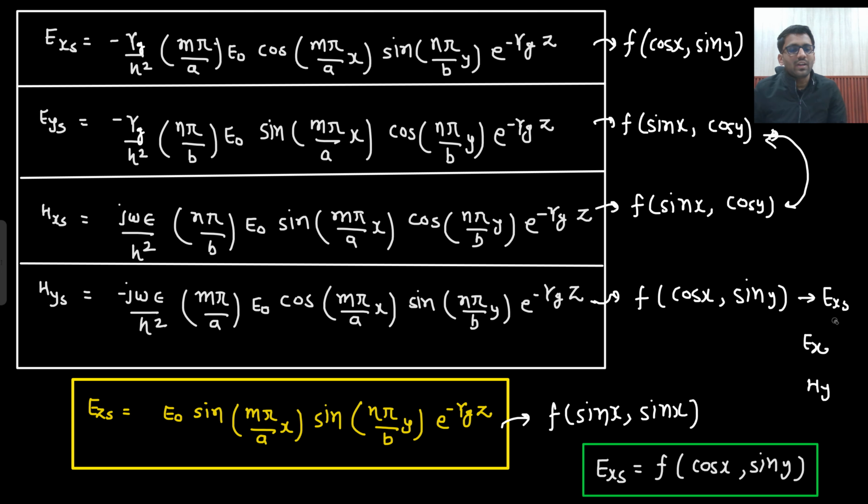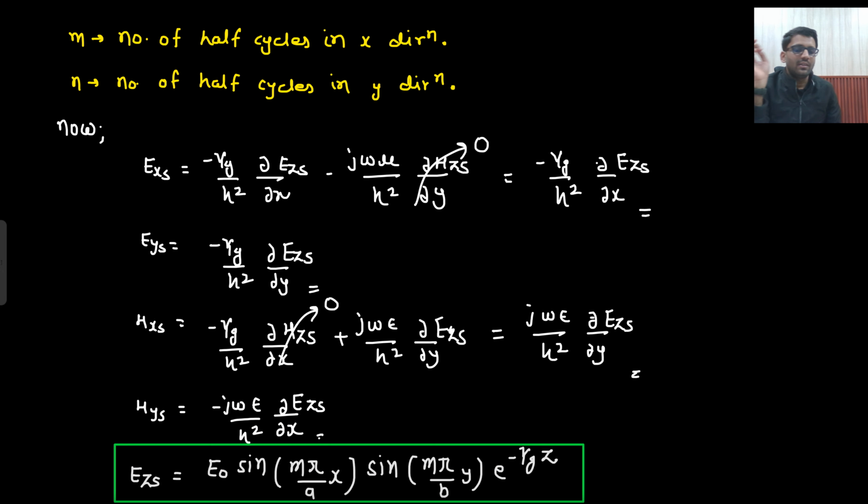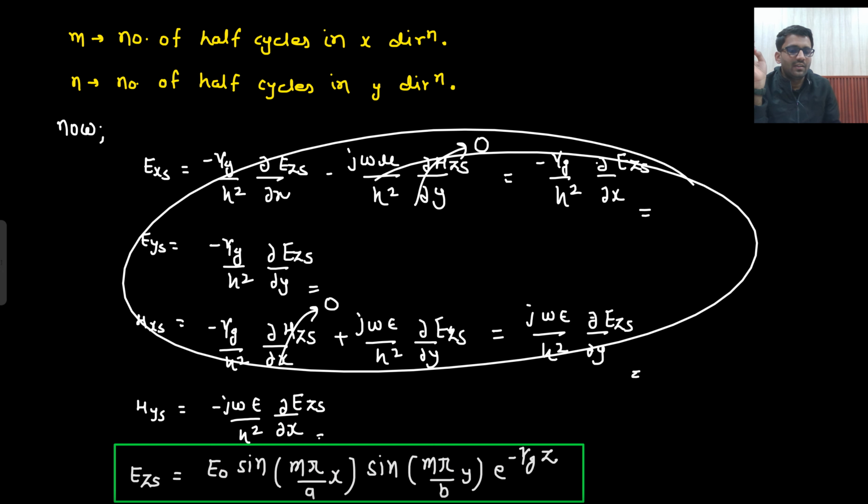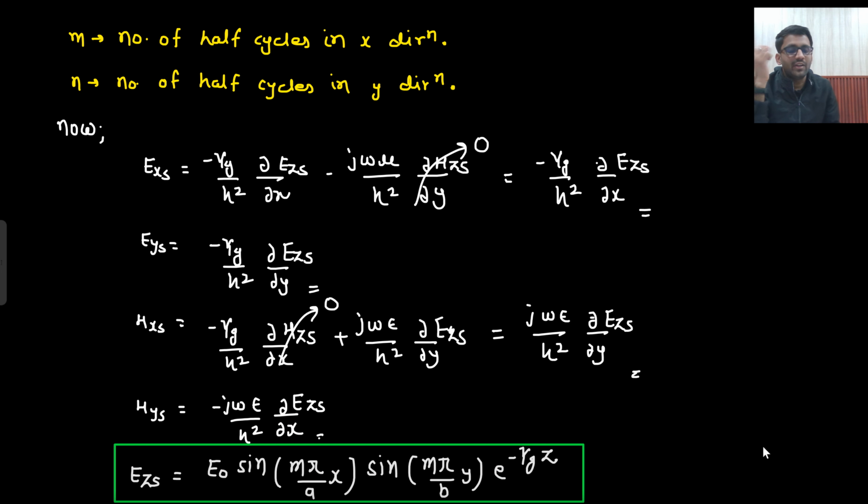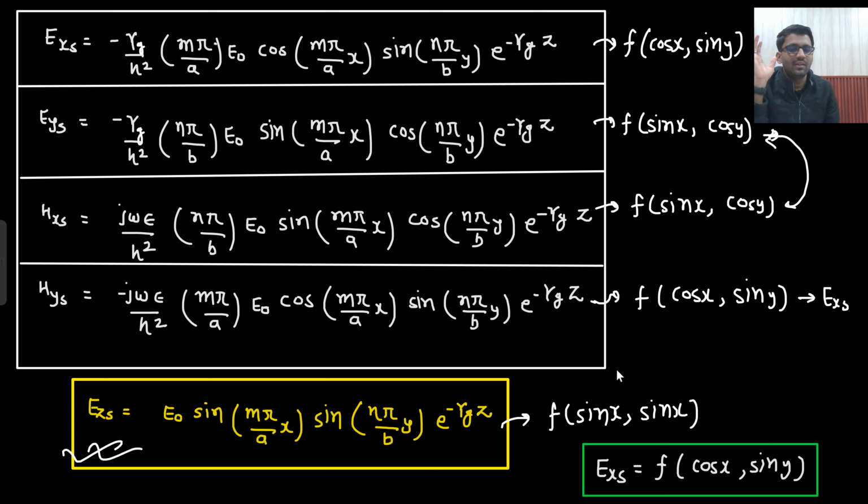So here what I am asking you to keep in mind is this expression. These expressions you can derive any day, right? Because in the last lecture we have studied it, and you can derive them any day. But the thing is that EZS is a function of sin, that I remember because Isha is sweet.